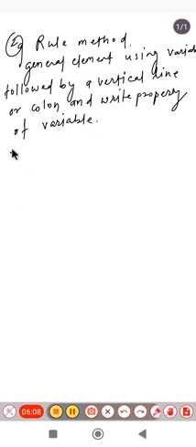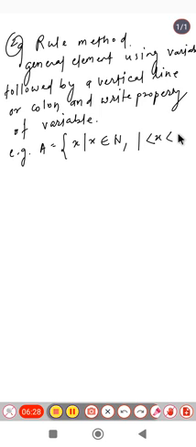For example, we take one example here: A is the set of x, where x is an element of the natural numbers, greater than 1 and less than 10. This method of writing is called the rule method or set builder form.